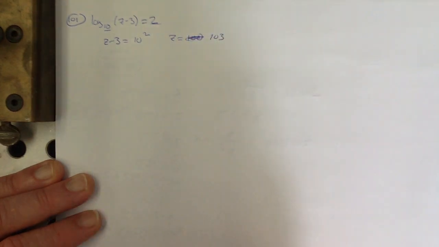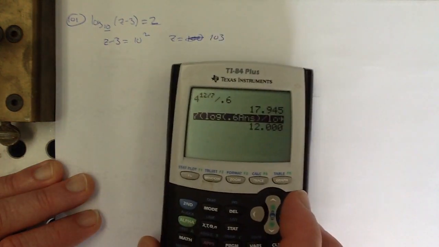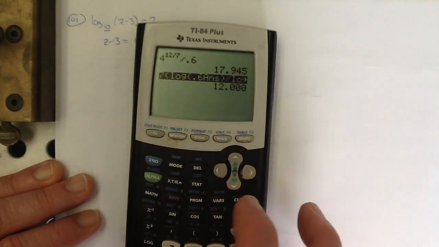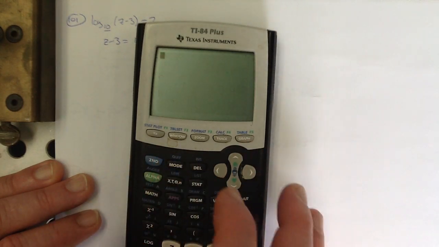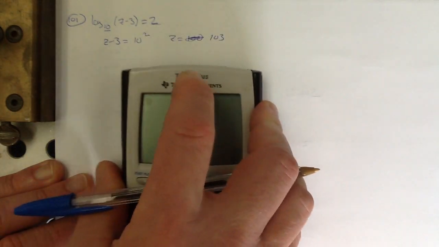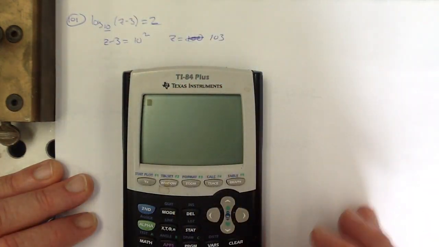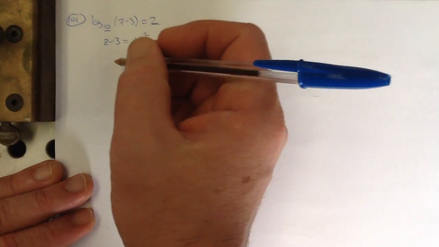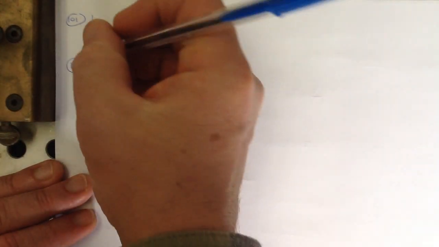So 103. And log 10 is common log. That's like our log button. So that would be easy to check. Well, actually, there's nothing to check there, because log 10 of 100 is obviously 2. That checks out. Don't need the calculator to see that that's right.